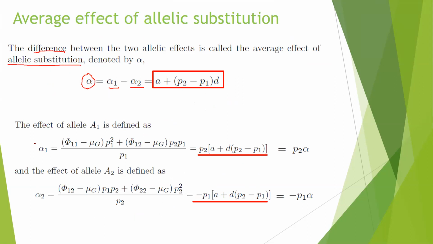These two formulas show how you can relate each individual allelic effect with the allelic substitution alpha here. All right. Those only involve algebra, so not a big deal.